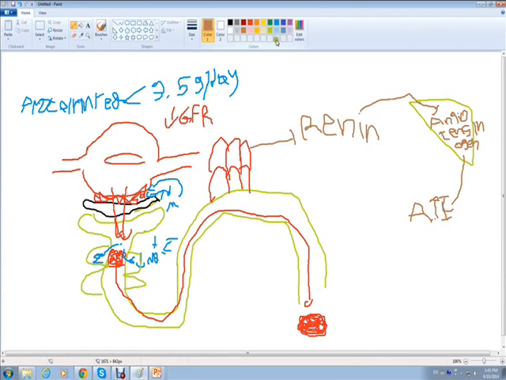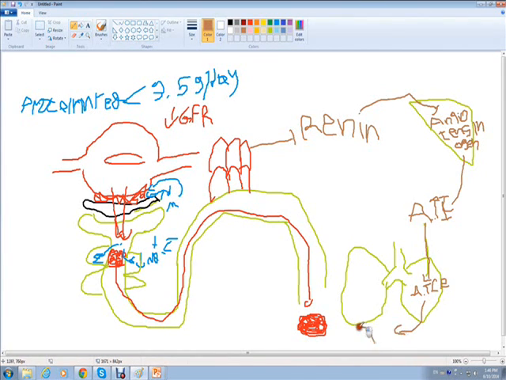Angiotensin 1 will go to our lungs, and in our lungs the enzyme angiotensin converting enzyme will convert angiotensin 1 to angiotensin 2.